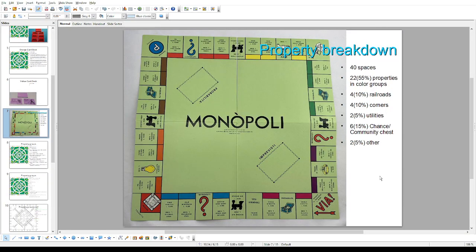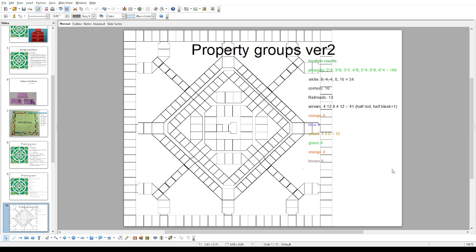So, let's go back to here and figure out percentages for these. Now, for this, I have decided that I'm never going to have color groups as part of the spokes. And when I say spokes, I mean these things here. Yeah. Those are what I've decided to call spokes. And anything that connects one ring to another. The sub-rings aren't spokes, but the sub-rings, in this case, are connected to spokes.